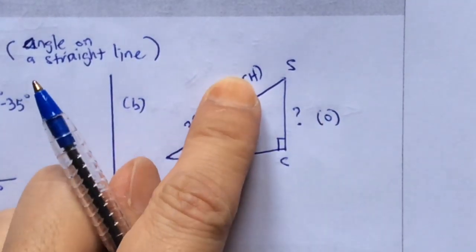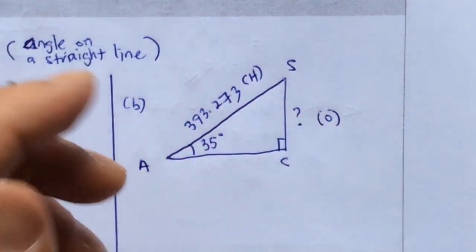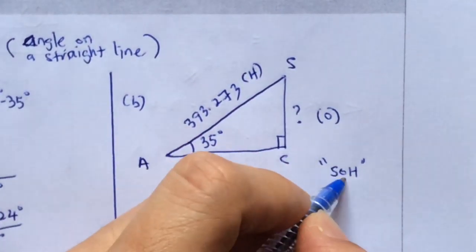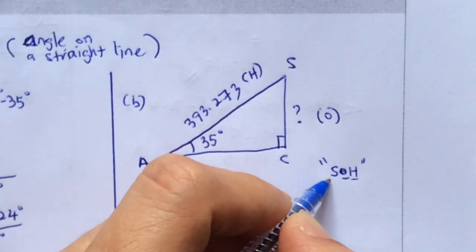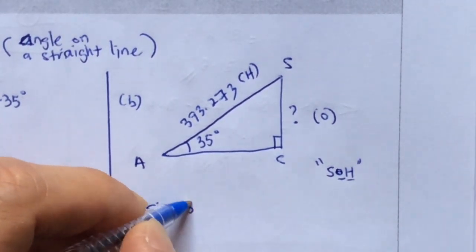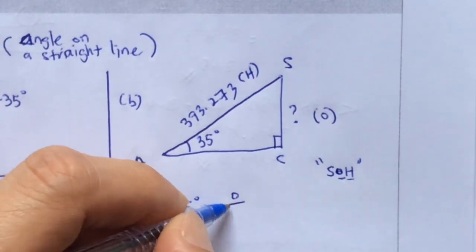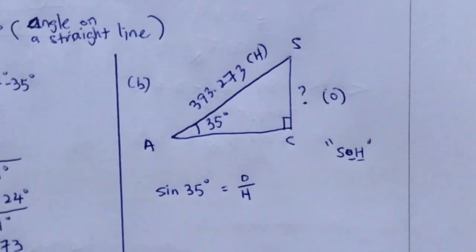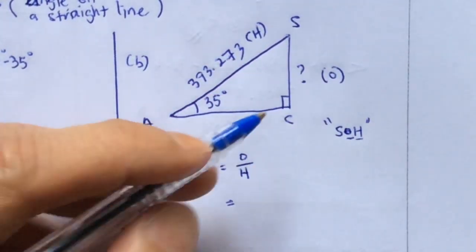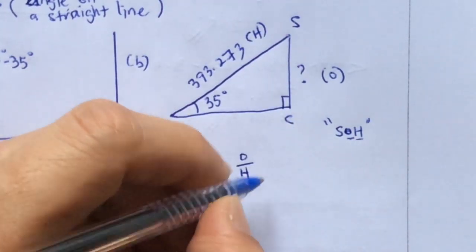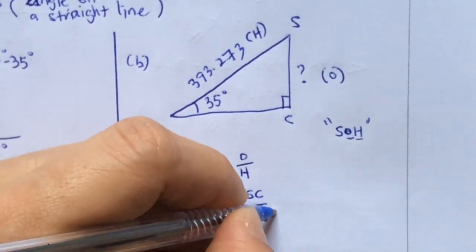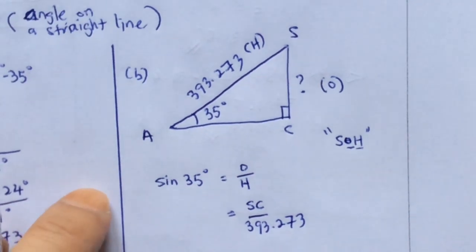So we have O and H, so if we try to fit in SOH CAH TOA, we are using the SOH part, because we have the O and the H, so we use sine as the trigo ratio. So sine of 35 degrees is equal to O over H. From there we can replace O here by this SC, which is the answer that we want to find, over 393.273, H being that value.